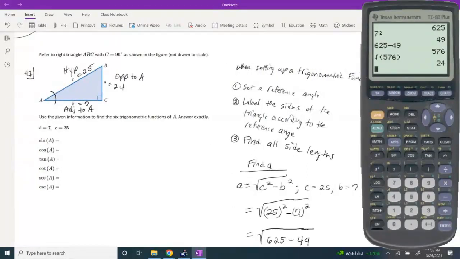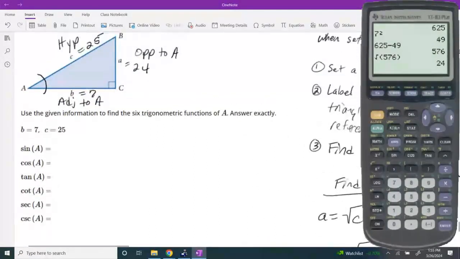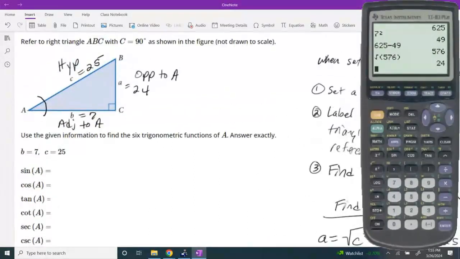Now we're going to use the Chief-Sohcahtoa, all right? So we want to find the sine of angle A. So in that Chief-Sohcahtoa saying, the sine is the opposite over the hypotenuse. So the sine of angle A is 24 over 25.